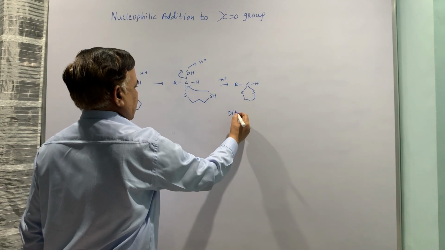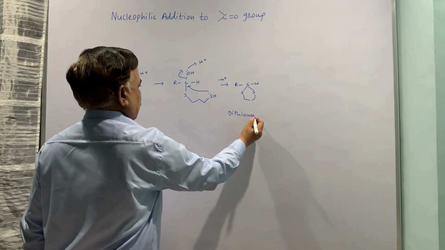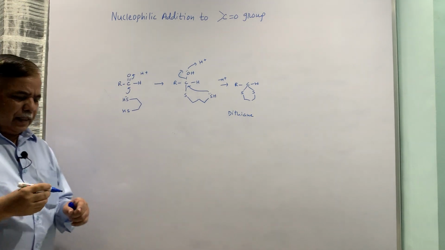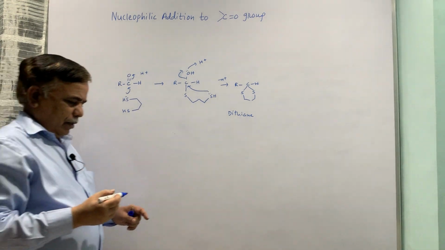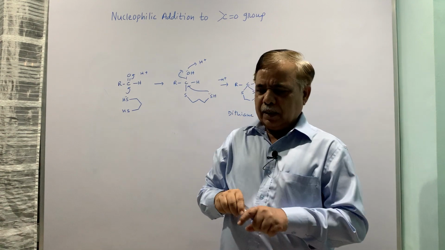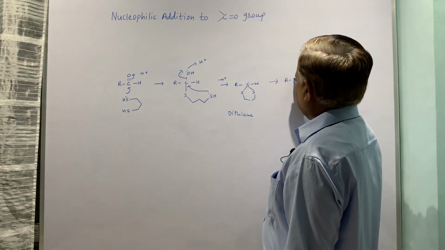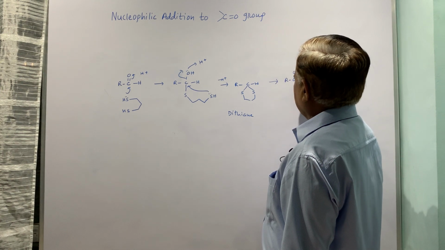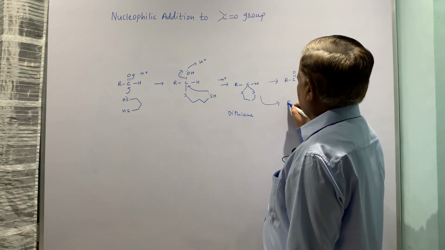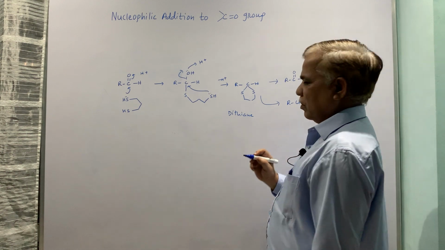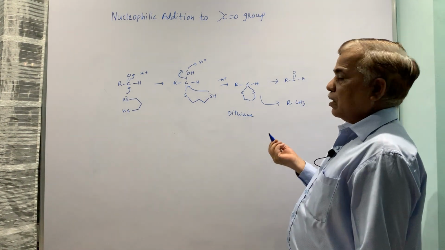This is dithiane. Now, the dithiane protection is very important. You can regenerate the carbonyl. You can go to hydrocarbon and so on.